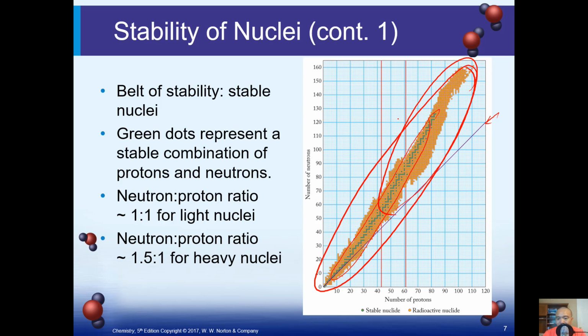The green dots running diagonally through the graph are known as the band of stability.